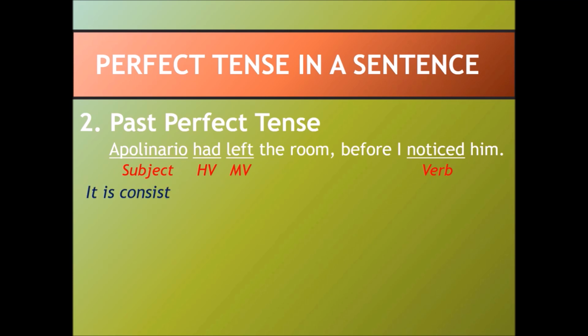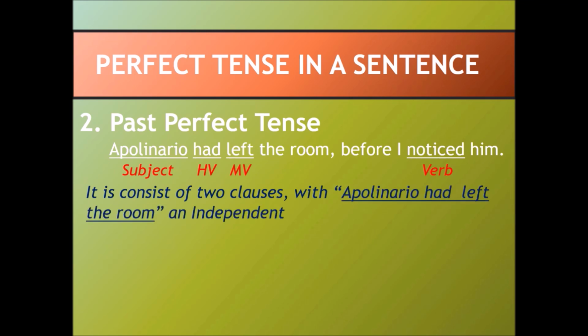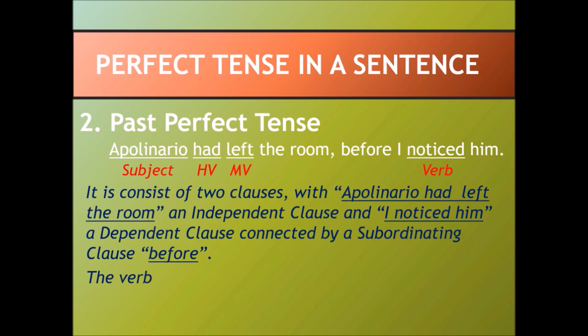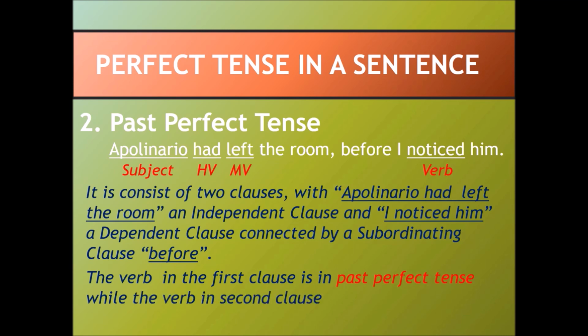It consists of two clauses: Apolinario had left the room, an independent clause, and I noticed him, a dependent clause, connected by the subordinating conjunction before. The verb in the first clause is in past perfect tense, while the verb in the second clause is in simple past tense. MV stands for the main verb.